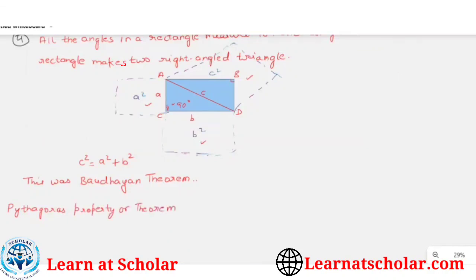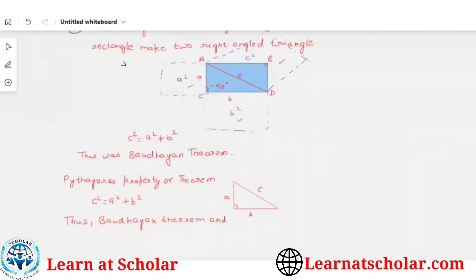You have to write in the same manner as I am writing. Pythagoras property or theorem. During exams, you have to elaborate everything. So this is a right angled triangle. The sides are A, B and C. C is the largest side, so C square is equal to A square plus B square. Thus, we can say that Budhayan theorem or property is same as the Pythagoras property.